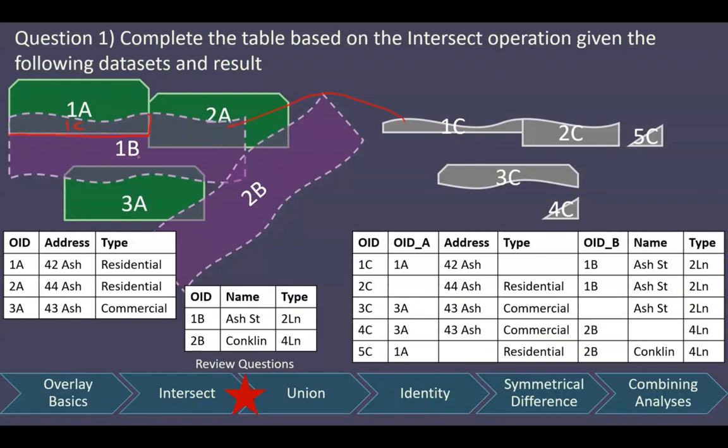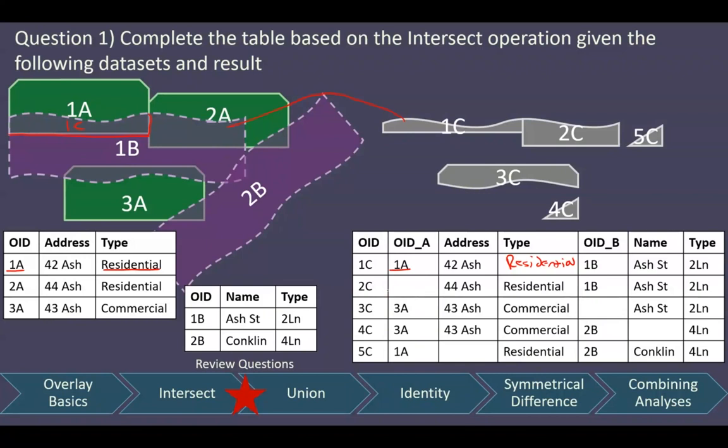So that means that we're going to go down to the attributes and say, okay, we're missing type, which comes from the A attribute table, and we're pulling the attribute type from 1A. So we're going to go to the attribute table for A, find 1A, and grab the type, which is residential. So this is going to be residential.